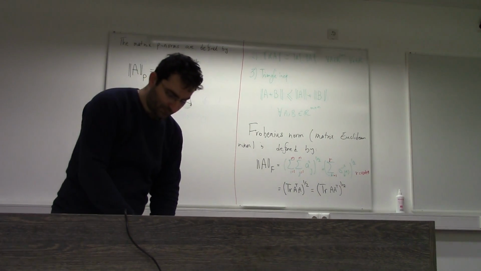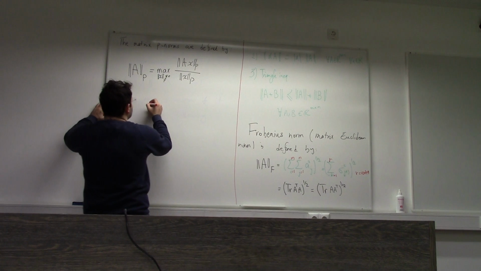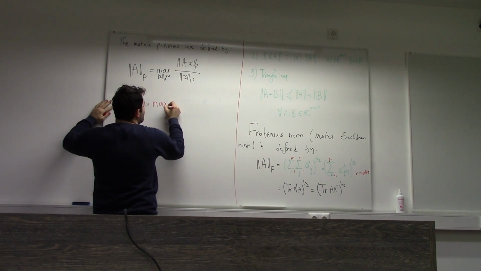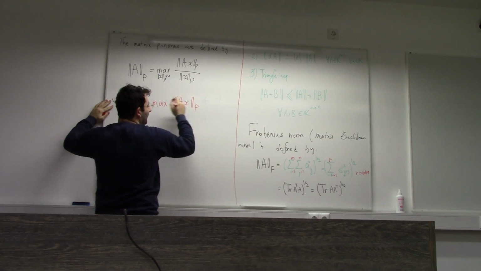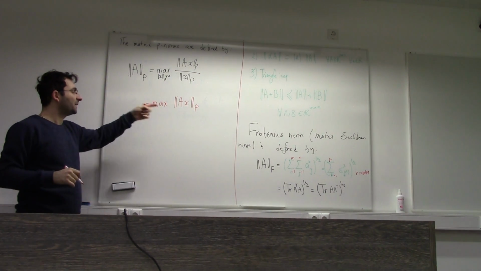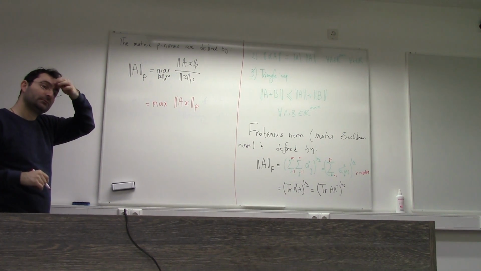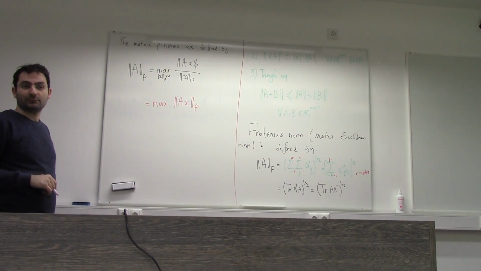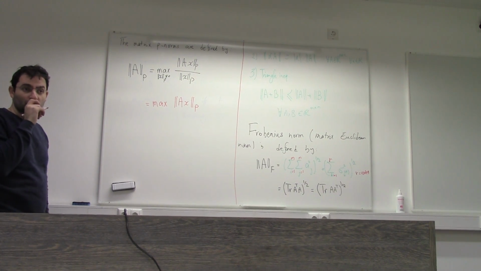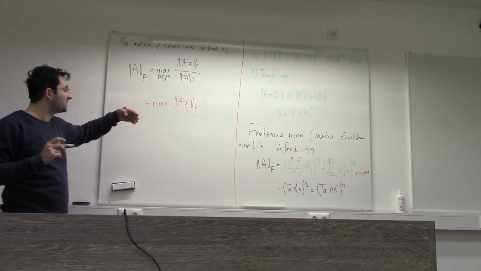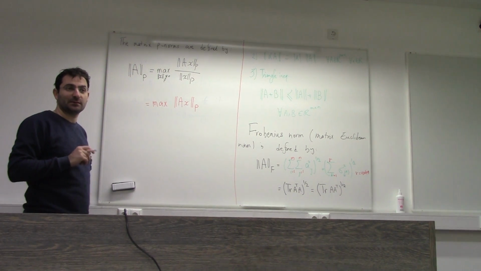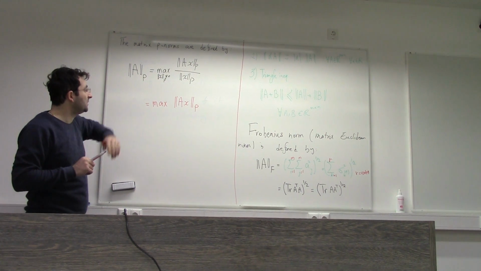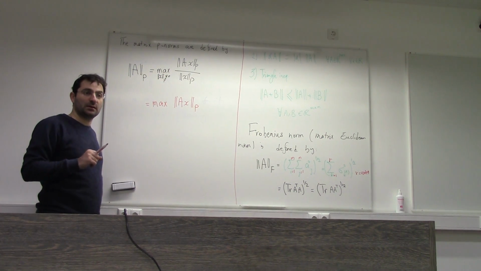And in some books we have a different notation. It is the maximum of the P norm of Ax. What should be the condition here? Under what condition will this formula become this?